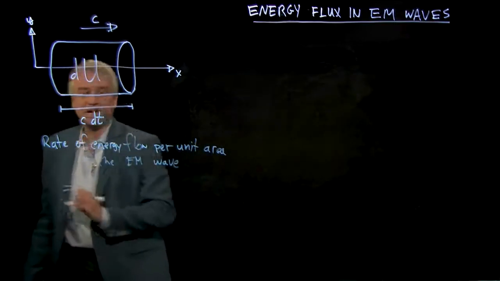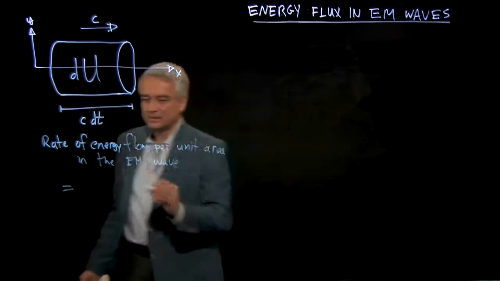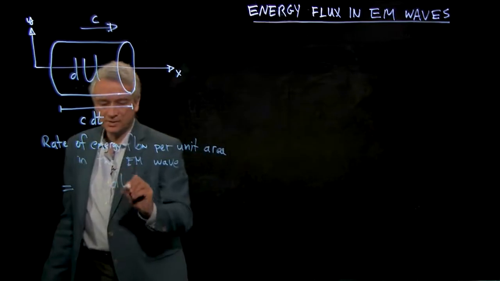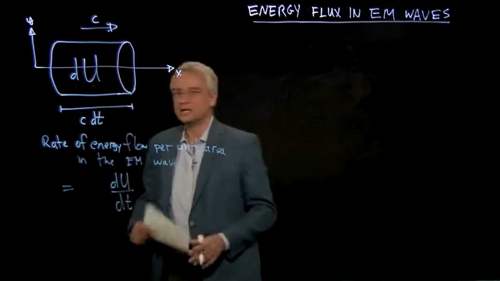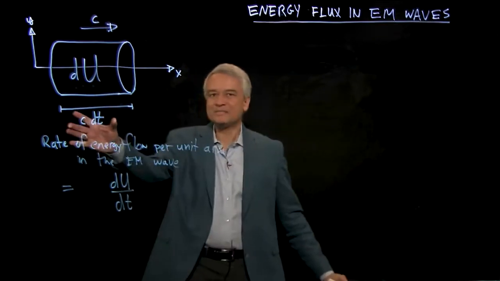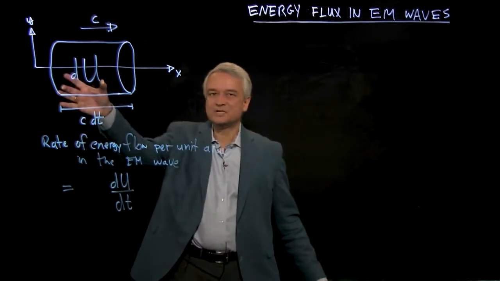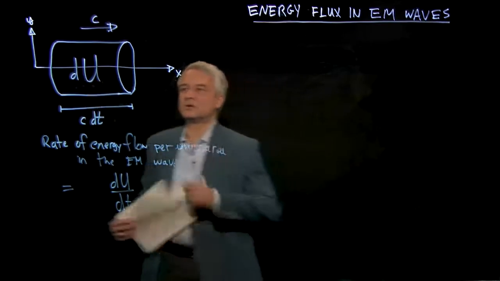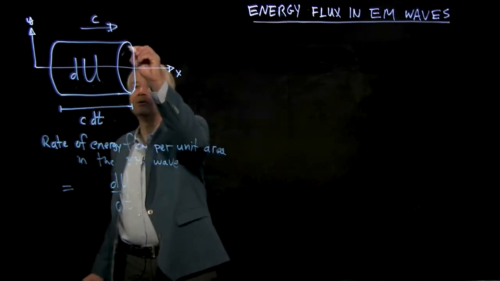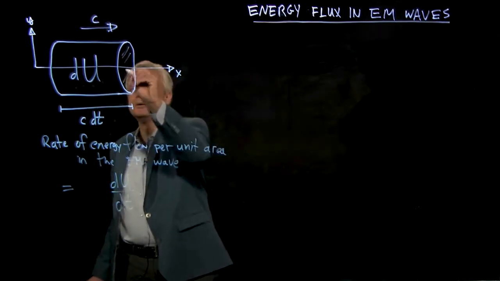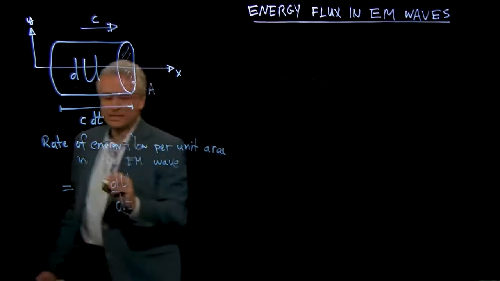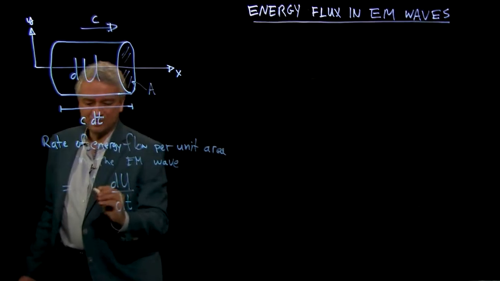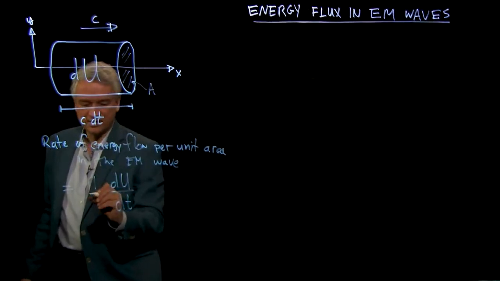Well, it's given by du/dt, because in a time dt, this much energy goes through this cross-sectional area here. So this cross-sectional area, area A, and so if I want the rate per unit area, I have to divide by A.